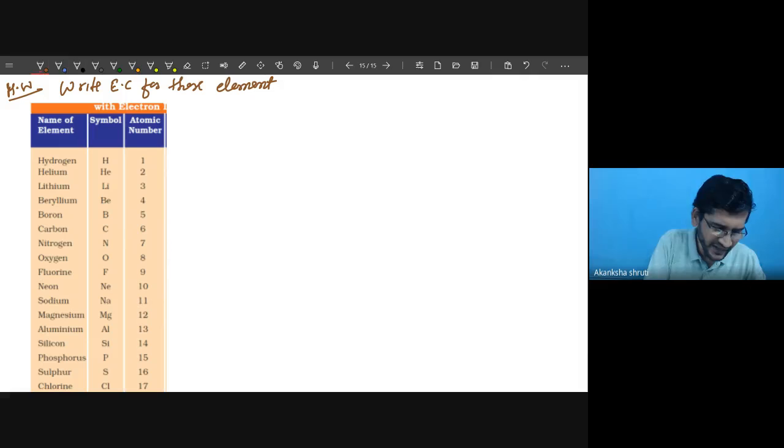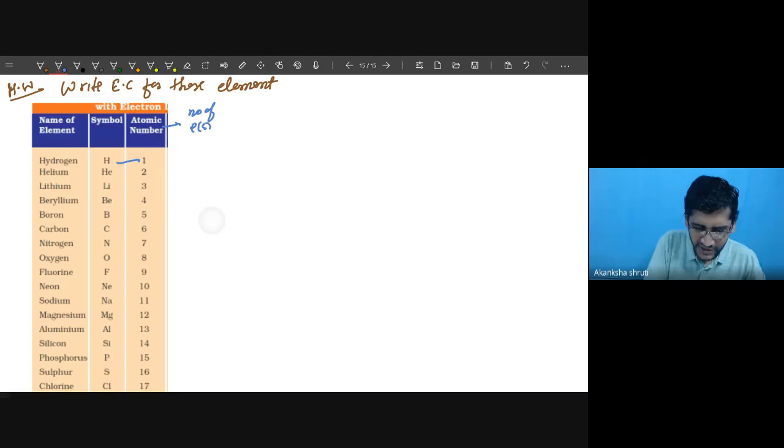Students, here the atomic number is given, which means the number of electrons is the same as the atomic number. So the number of electrons present in hydrogen is 1. It simply means, for the electronic configuration, for hydrogen you will write K, and the K itself will contain 1.